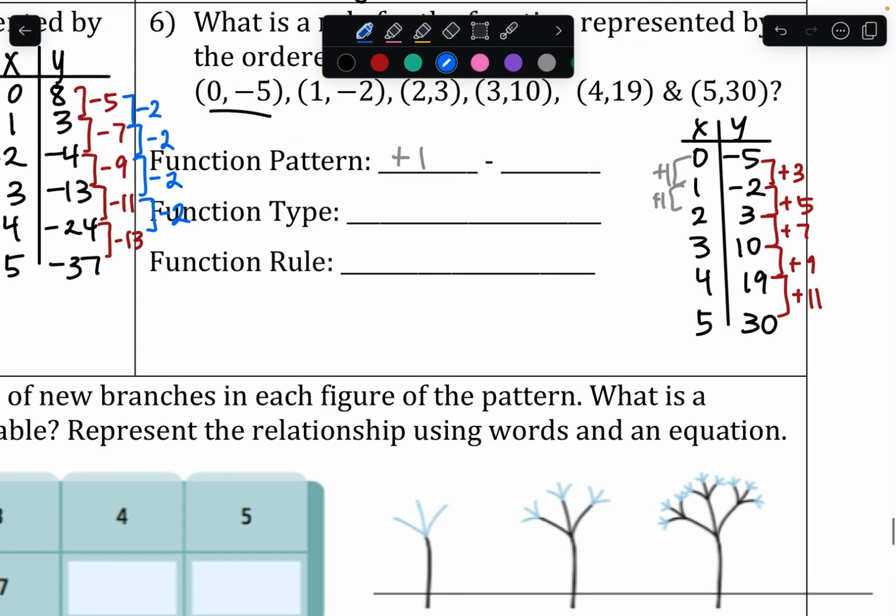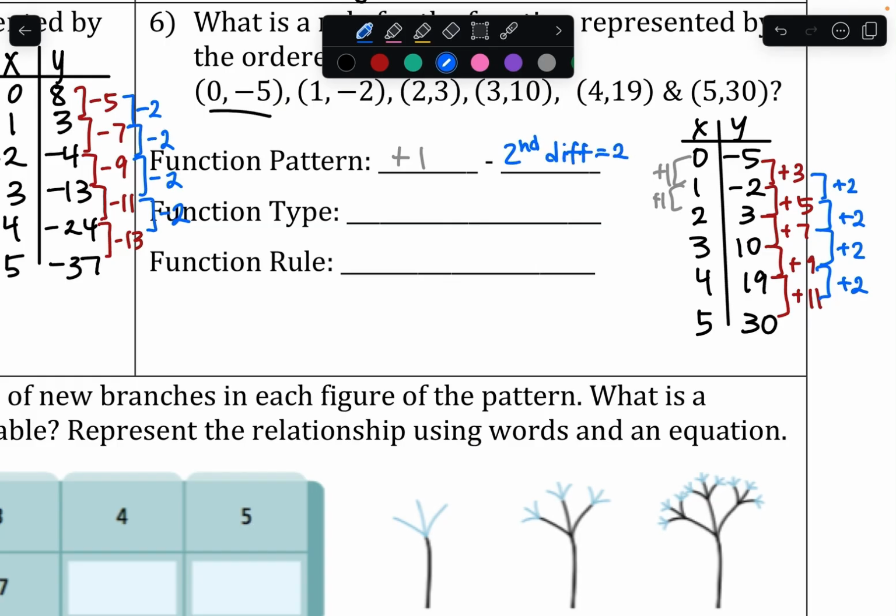And so we can look at our second difference, which is adding 2 each time. Okay, and so once again, this is quadratic because we have a second difference that is constant. And so our function type we know is quadratic.